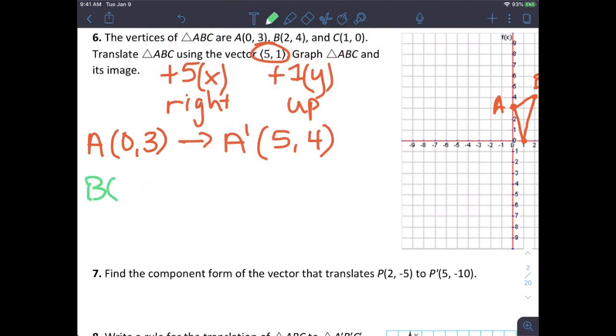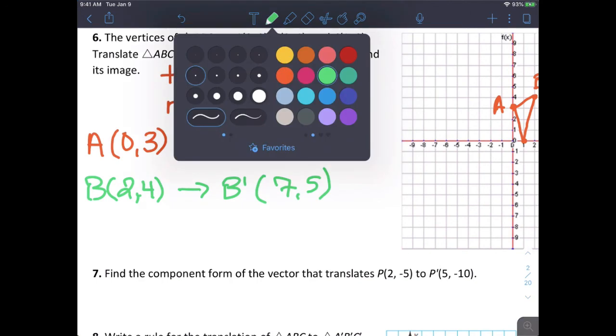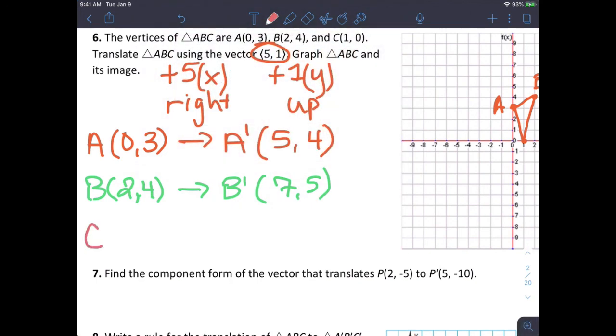B is at (2, 4), and to translate that along the vector <5, 1>, B prime is at (7, 5). And lastly, C is at (1, 0). I'm going to translate that to C prime. That would be (6, 1). So there are the points for our image, our translated triangle.